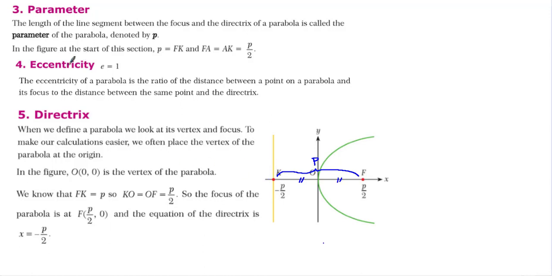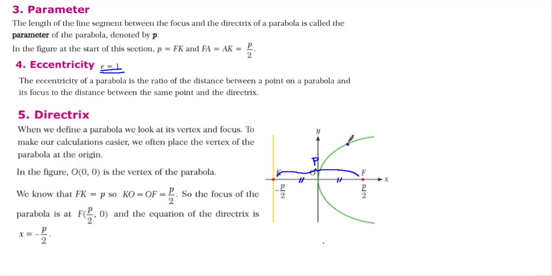What is eccentricity? Firstly, I need to tell you that the eccentricity of the parabola is always equal to 1. When you take one point on the parabola, the ratio between the distance to the directrix and the distance to the focus point gives you the eccentricity. And we know that for the parabola, they are always equal to each other.